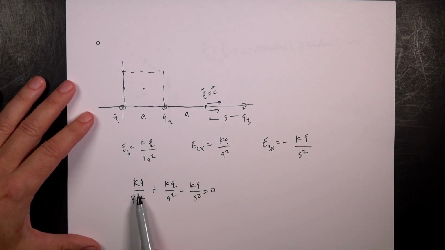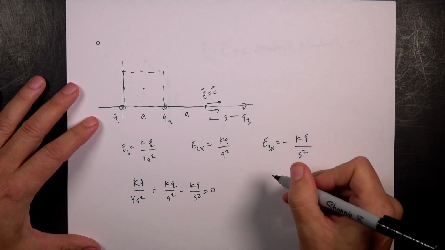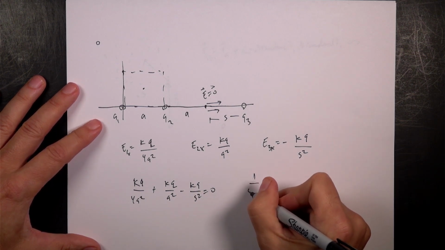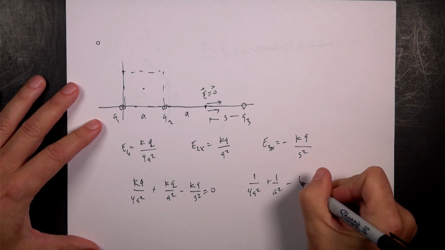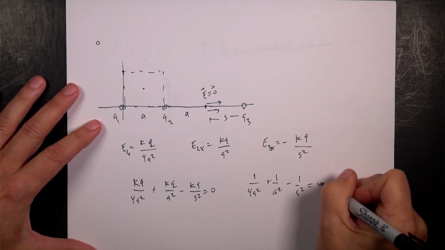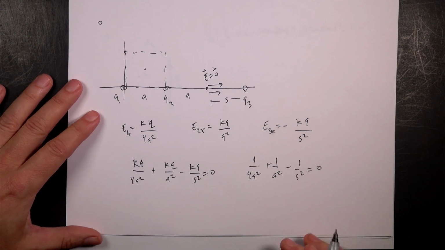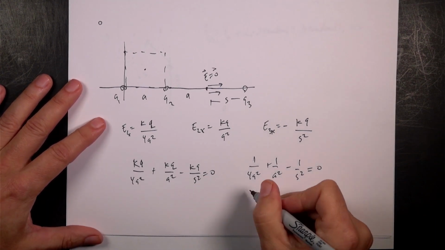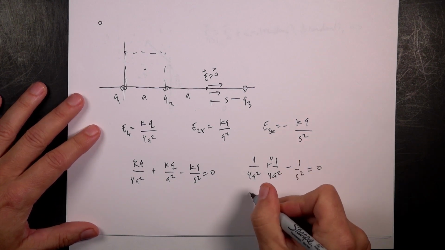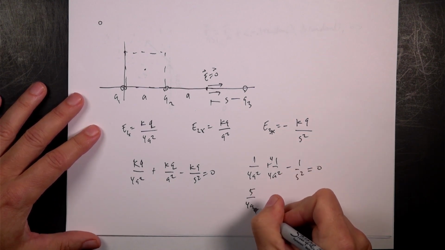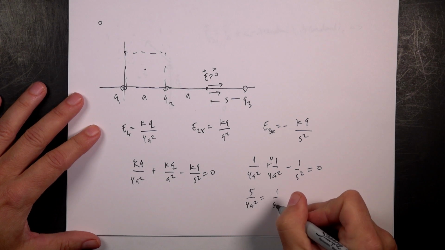Well, I can divide everything by kQ, and I get 1 over 4a squared plus 1 over a squared minus 1 over s squared equals 0. Now I can add 1 over s squared to both sides, and get a common denominator. This is going to be 4 over 4. So I get 5 over 4a squared equals 1 over s squared.